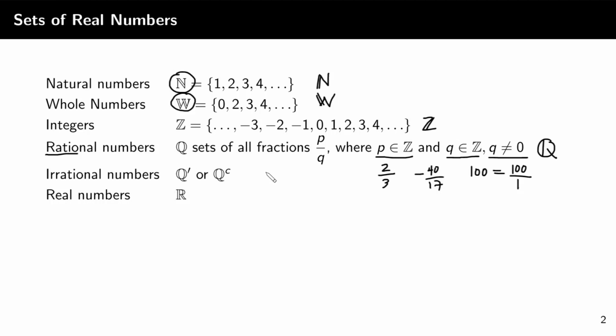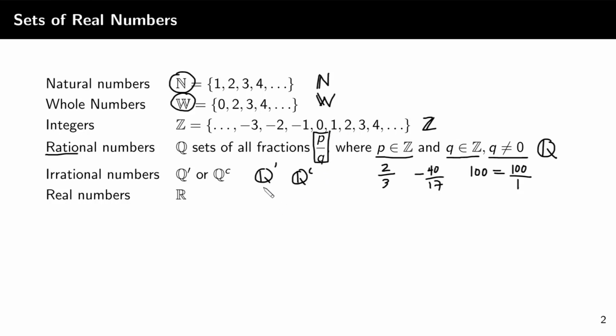We either write q prime or q with the letter c. We read this as ito q prime, ito naman q complement. So you can use either notation. So the irrational numbers are the numbers that you cannot write as a fraction. Okay. So hindi nyo siya pwedeng masulat as p over q.